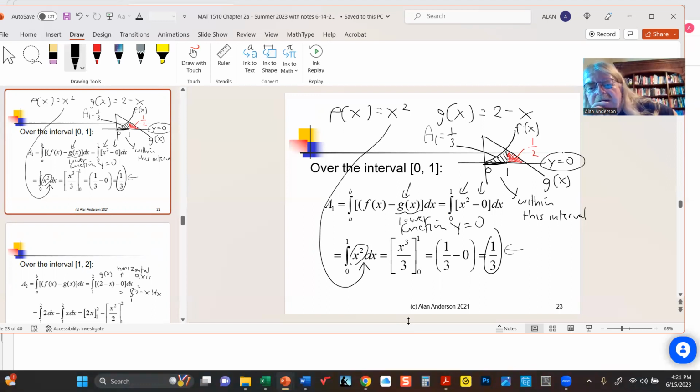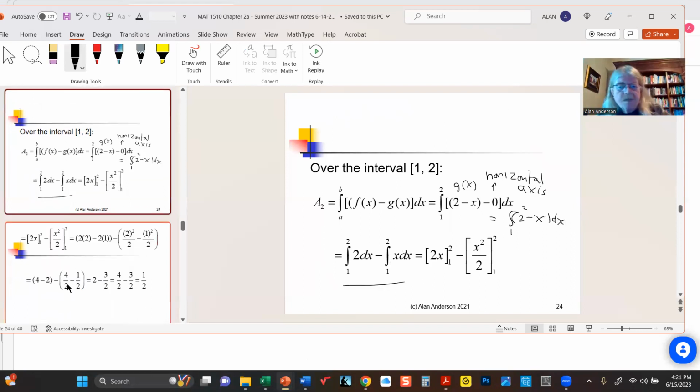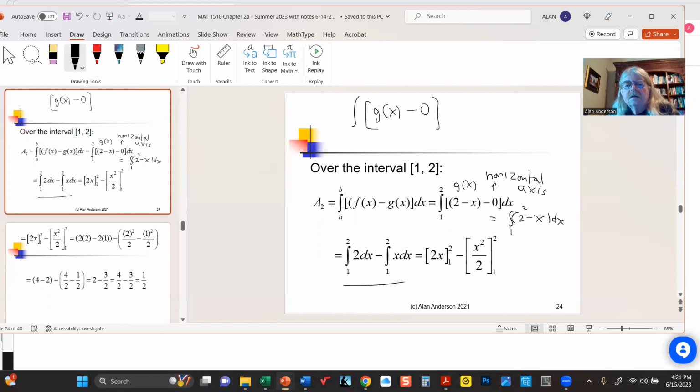Now for the red region, which we're calling A2, the function on top is g of x, 2 minus x. The function below it is actually the horizontal axis. So based on this logic, even though it's written like this, g of x was 2 minus x, minus 0. And by the way, don't forget, this is the red region.